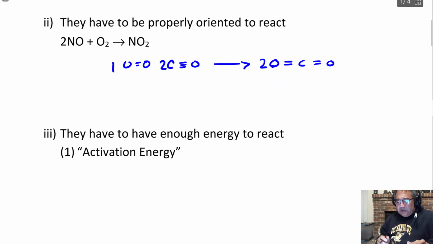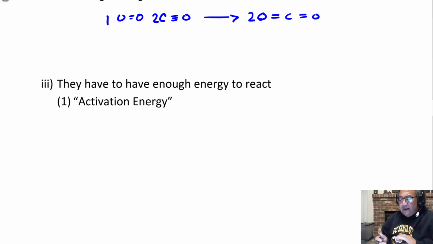And the third aspect is that they have to have enough energy so that when they collide, the bonds can rearrange. Because you remember what Dalton said about chemical reactions. Chemical reactions are really just a rearrangement of the bonds in the molecules that are the reactants to form the products. So a rearrangement of bonds needs to take place. The molecules will have to be properly oriented, and there has to be enough energy.